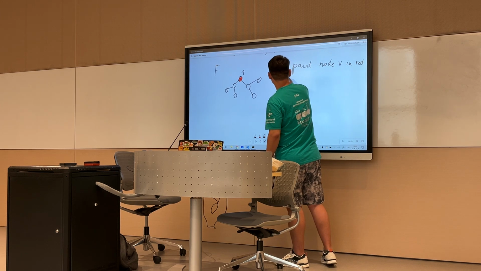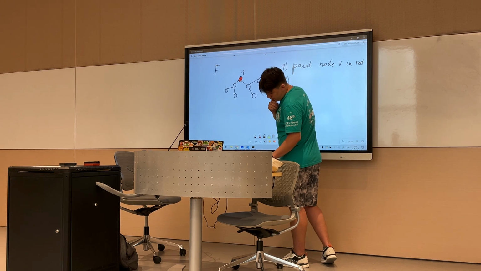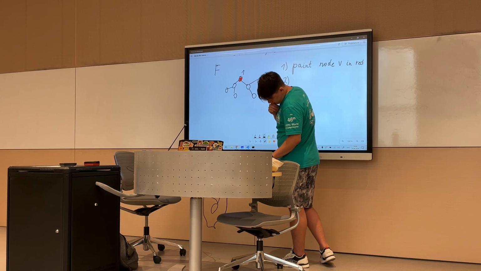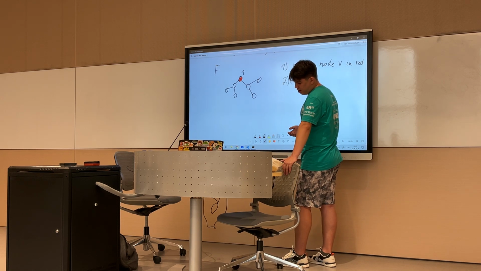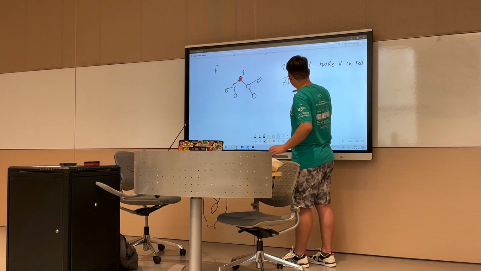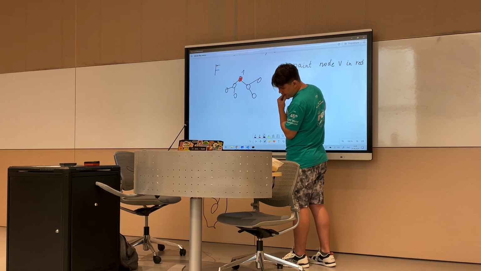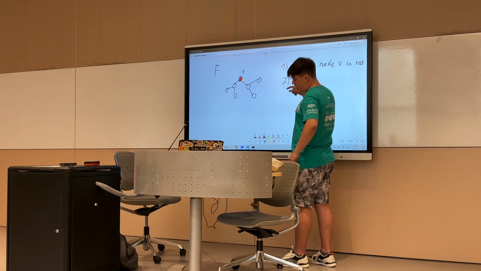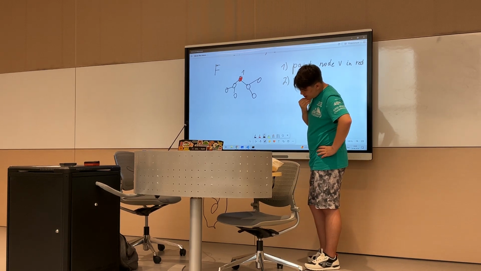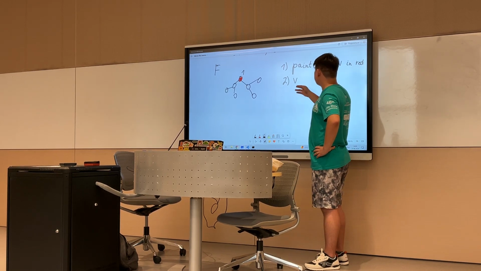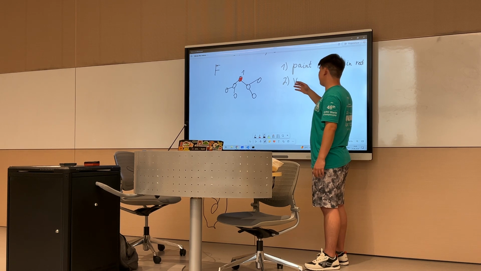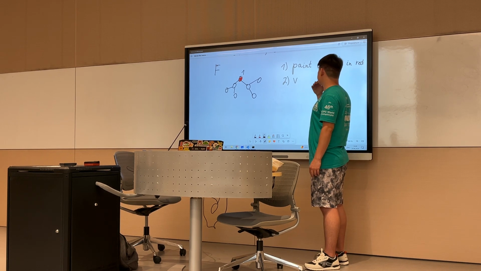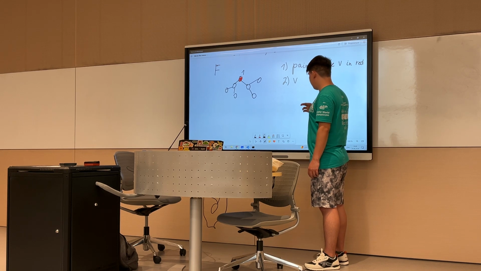And second type of query, we need to find the shortest distance. We are given some vertex v, and we need to find the shortest distance to a red vertex.